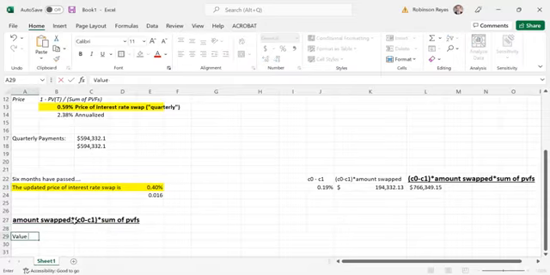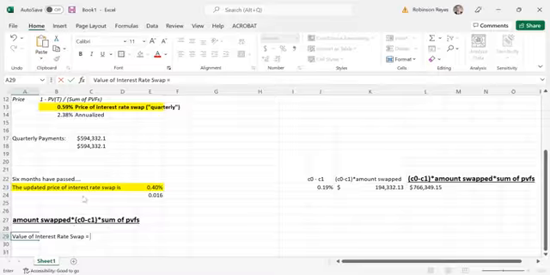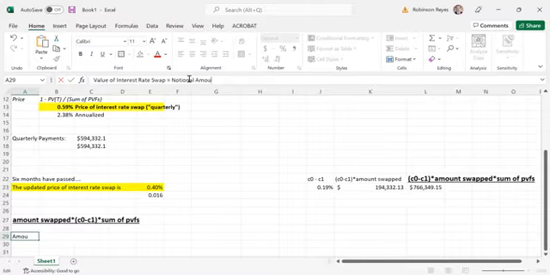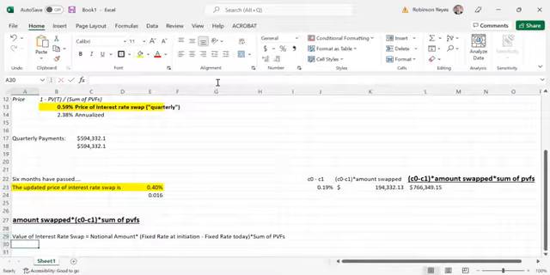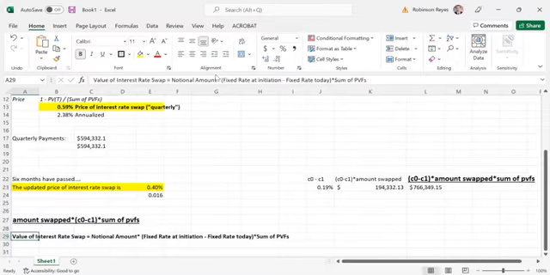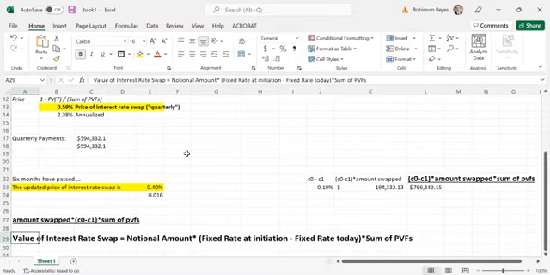So value of an interest rate swap will be equal to this notional amount, then multiply by the fixed rate at initiation minus the fixed rate today, and then multiply by the sum of PV factors.